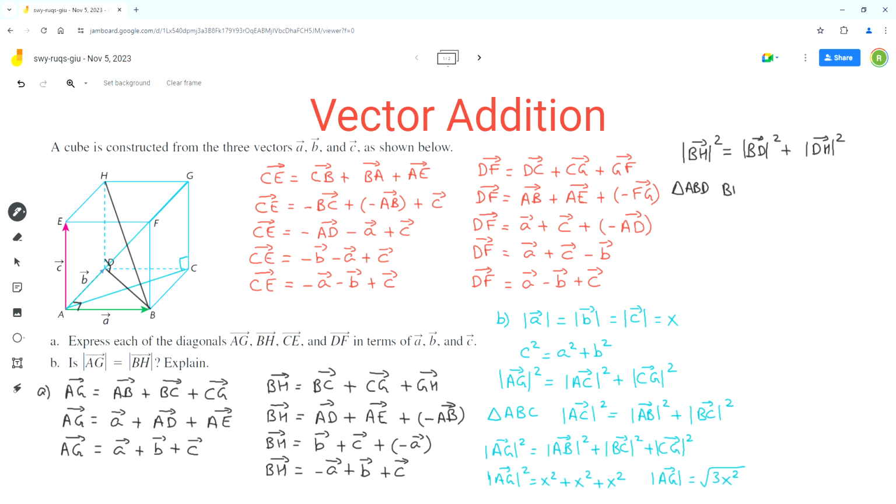So magnitude of BD square equals the magnitude of BA square plus magnitude of AD square.